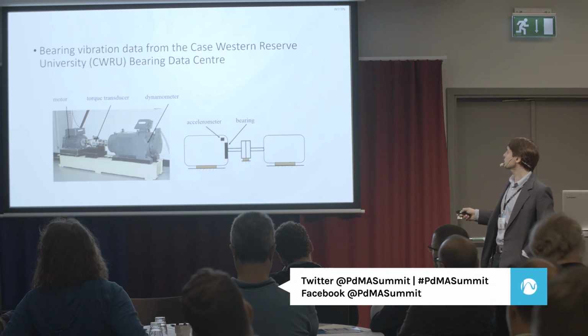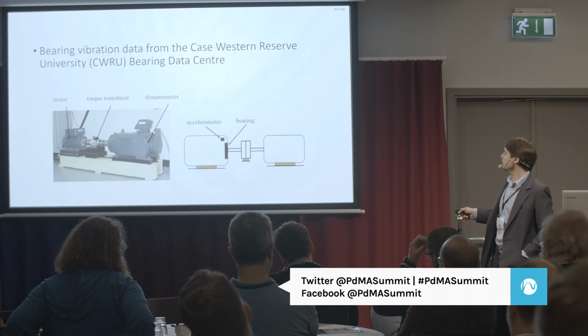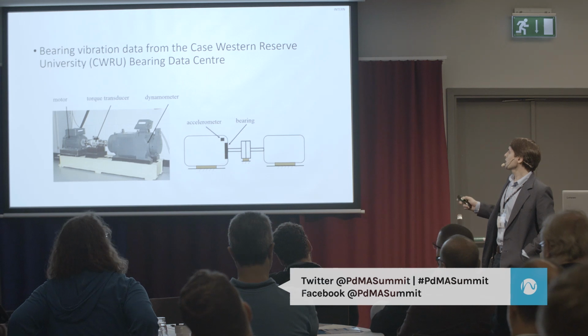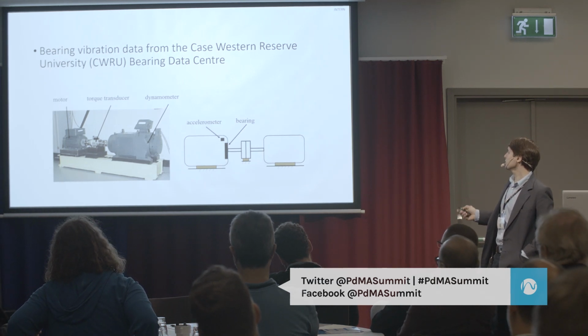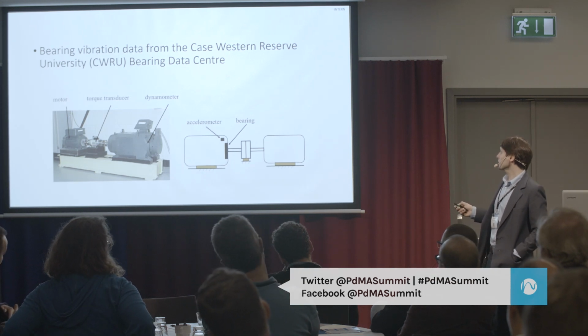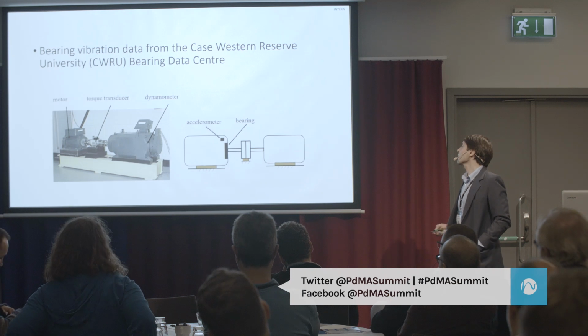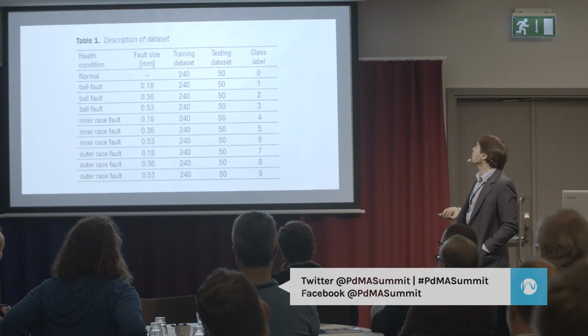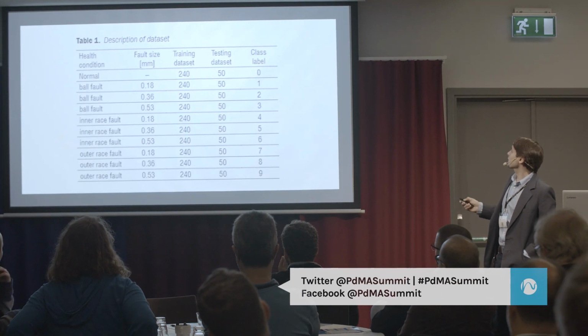They measure the amplitude of the vibration for a bearing, and this is the equipment they have: motor, torque transducer, and dynamometer. The data set is from Case Western Reserve University. Here you have the class labels.